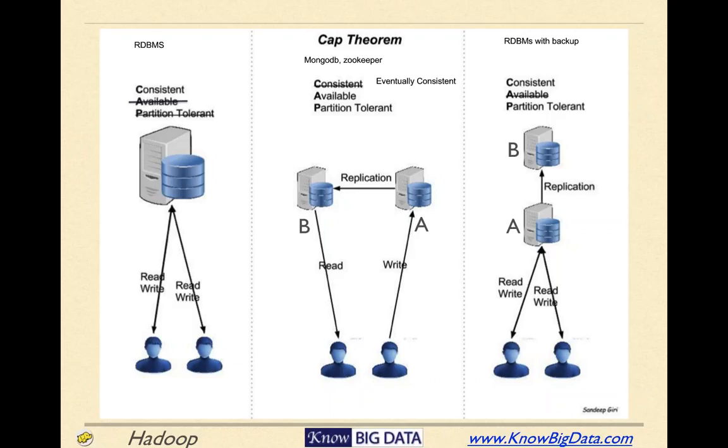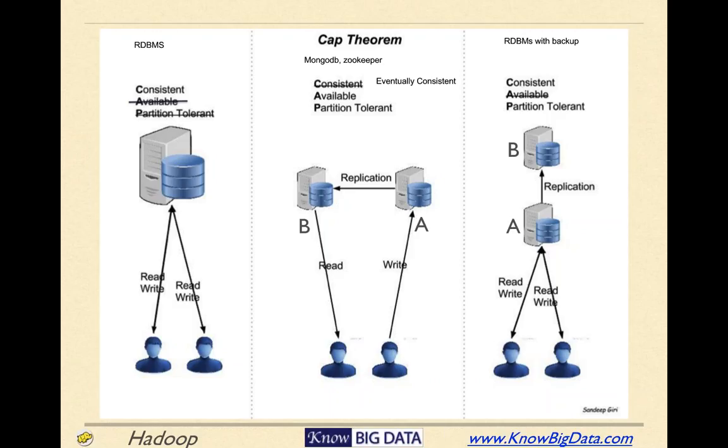While A has said that, hey, I've written my data and I've done my job, B is still seeing the older version of data because the data is taking time to reach from A to B. So this is something that makes a NoSQL or a database like MongoDB inconsistent, although it's heavily available and is partition tolerant. In case, let's say A goes down, all the users can shift to B and start writing to B. Therefore, it's fairly partition tolerant.